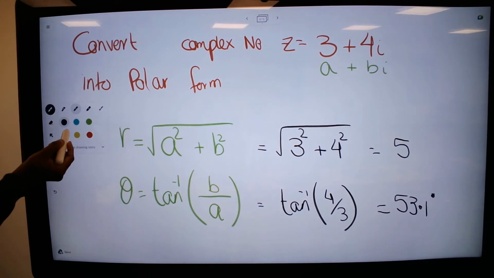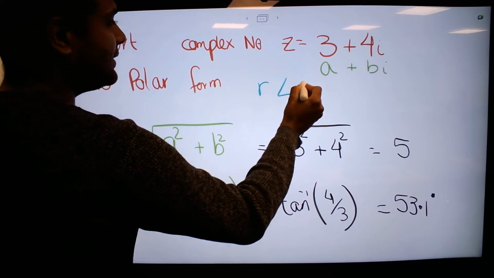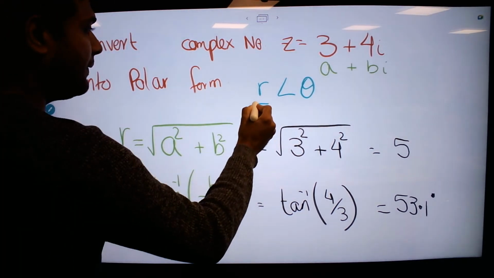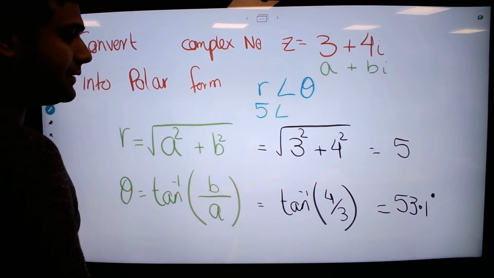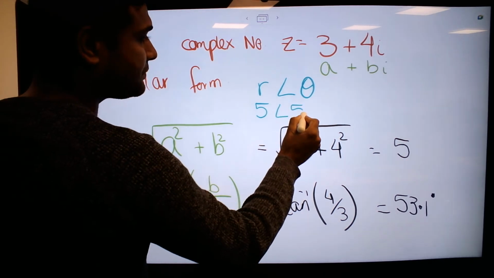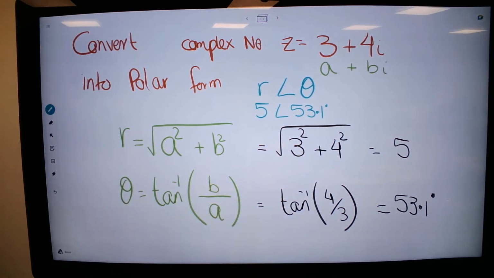If I want to write it down now, I've got almost everything. If I want to write in this form, r angle theta, r is 5, angle theta is 53.1 degrees. So I've just converted a complex number into polar form.